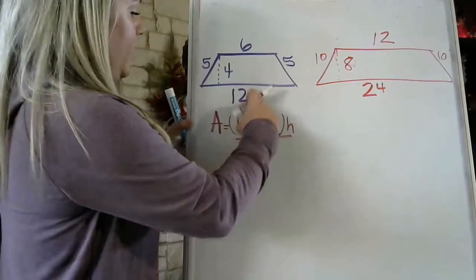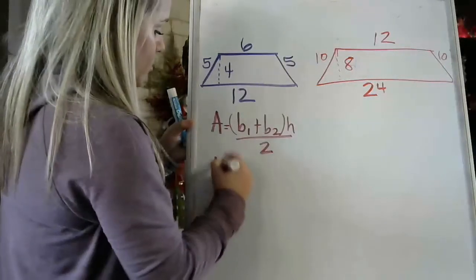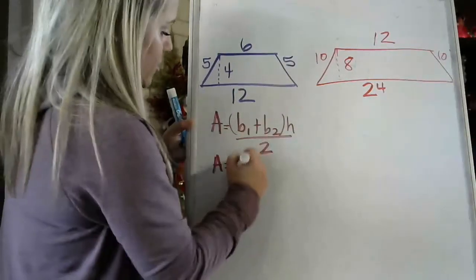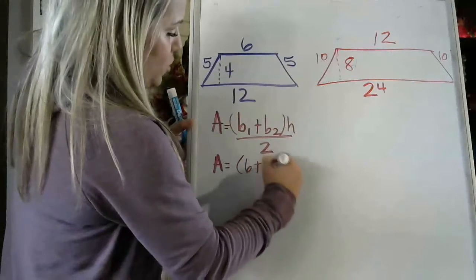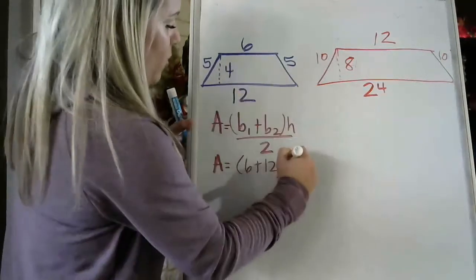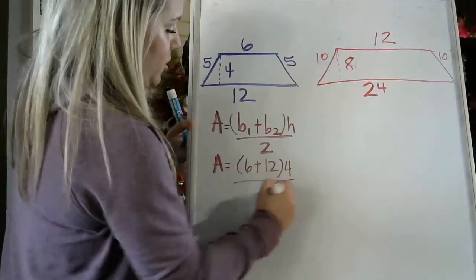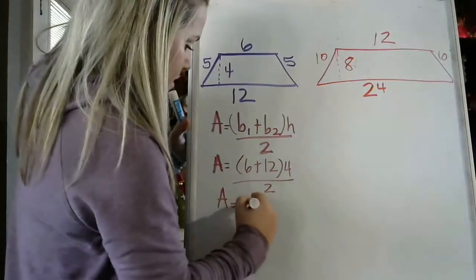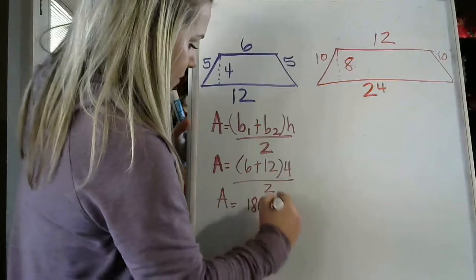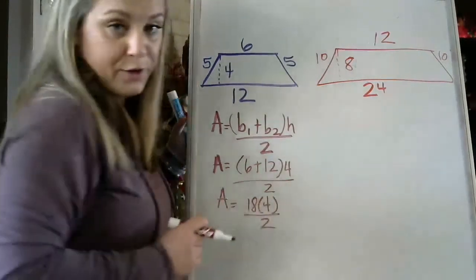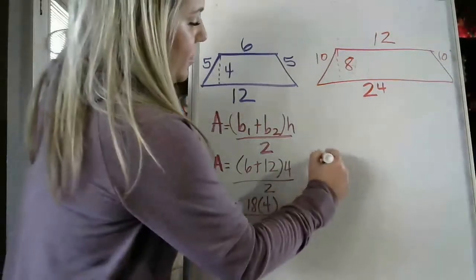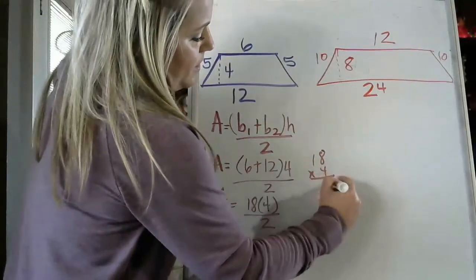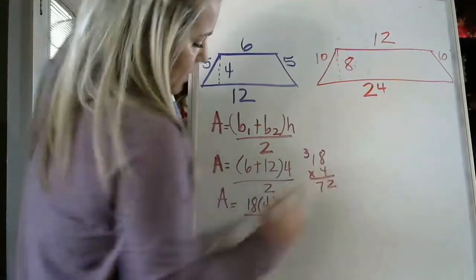Base 1, it doesn't even matter which one is base 1. I'm going to do 6 plus 12, and we're going to multiply it by 4 and divide all this by 2. 6 plus 12 is 18. So we have 18 times 4 divided by 2. Okay, 18 times 4 is 72.